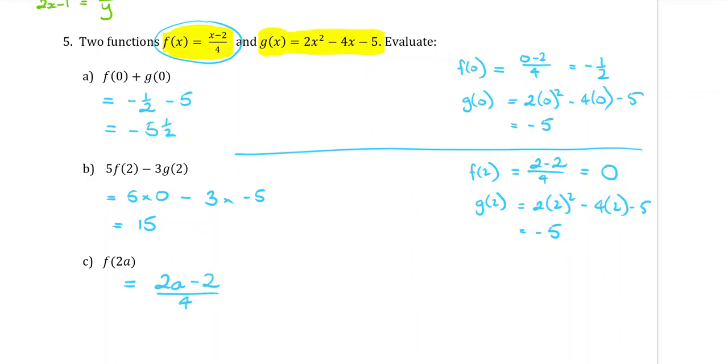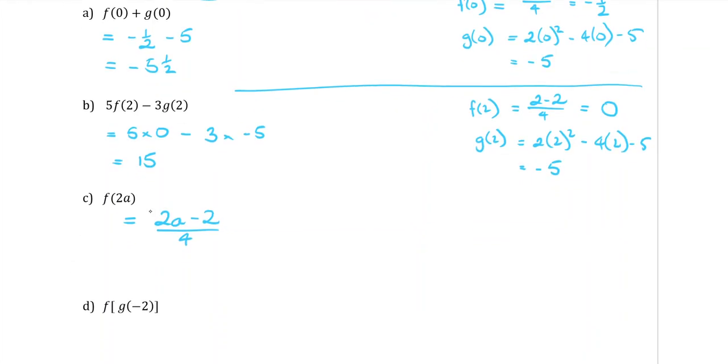And I have done it, I have substituted in, but that can be simplified because everything in that can be divided by 2. So dividing each term by 2, I get 2 divided by 2 goes once, and 4 divided by 2 goes twice. So my final answer is 1a, or a, take away 1 all over 2.